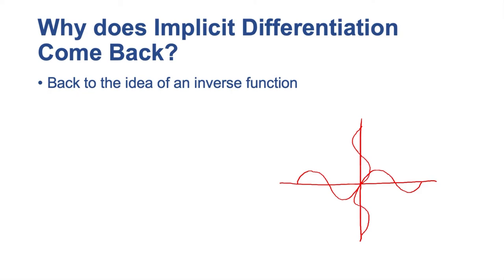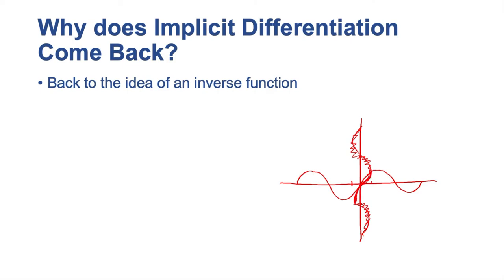So what we need to do is restrict our domain from negative pi over 2 here to pi over 2 here. Then the stuff above here gets canceled out, and the stuff below here gets canceled out because we're restricting that domain. So what we end up with is a function here. So that's our new sine wave, our new inverse sine function.